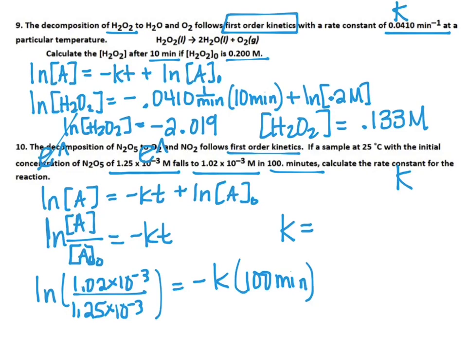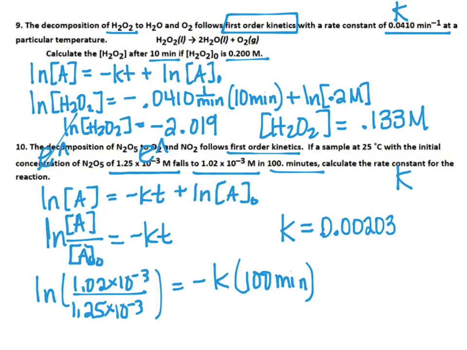What'd you get, Andrew? 0.002? 0.03? Okay, that's what I got too. 0.00203. This is first order kinetics. What is my unit? Remember, 1 over time, and then molarity to the overall order minus 1.